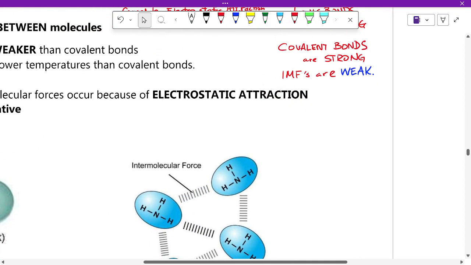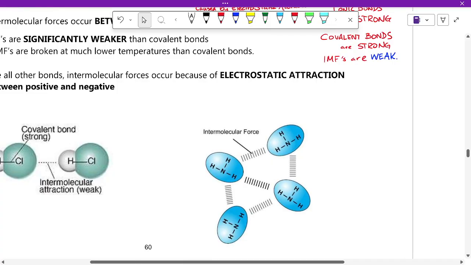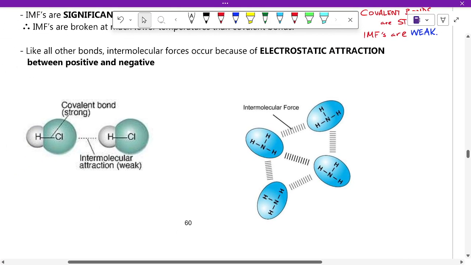So here, for example, we have some ammonia.